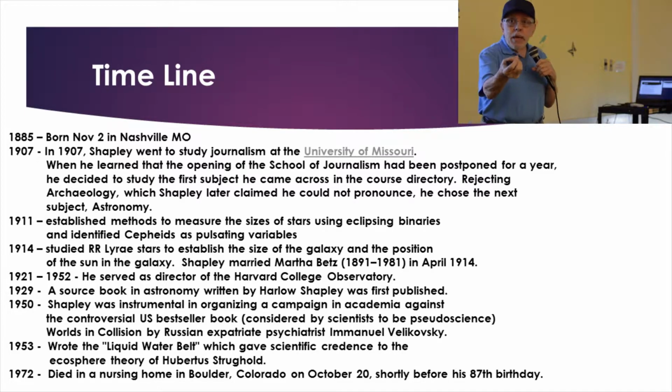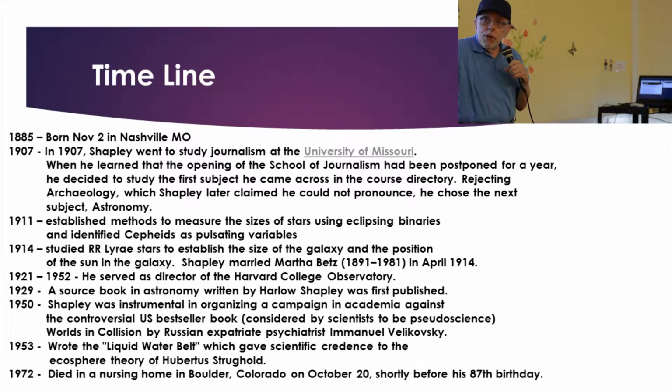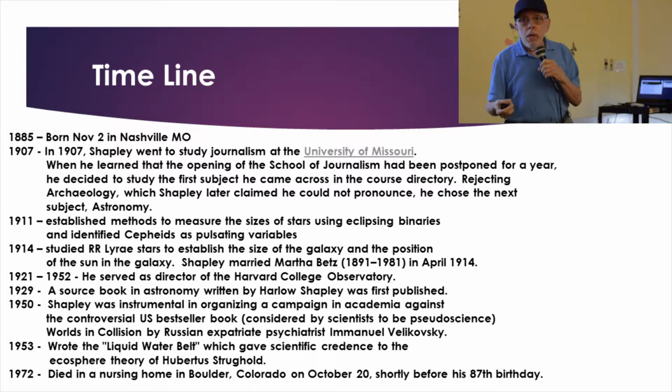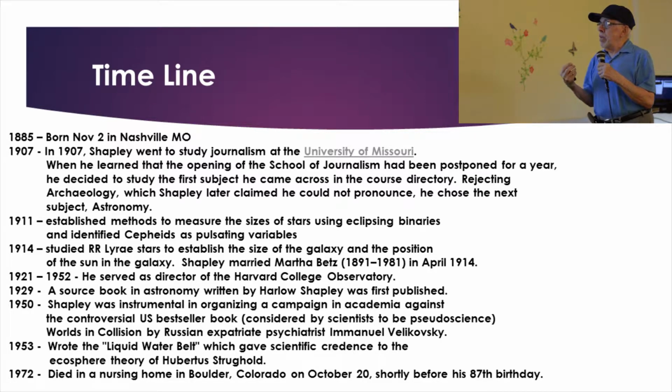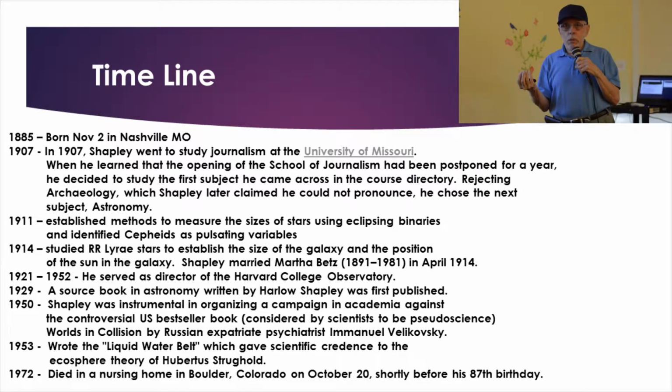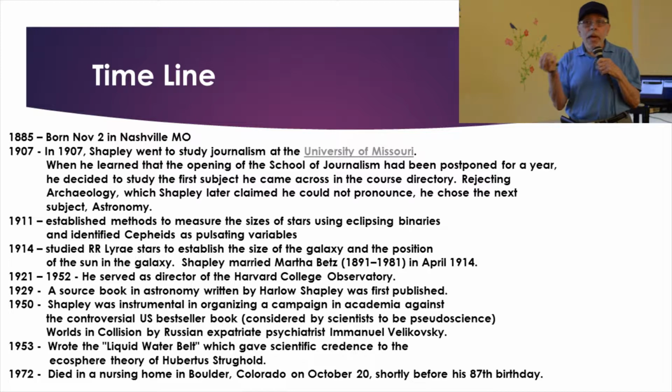So we know the mass, we know the period of the orbit, and from those two things we can calculate the mass of the larger star. And by knowing the mass, we can get the size.